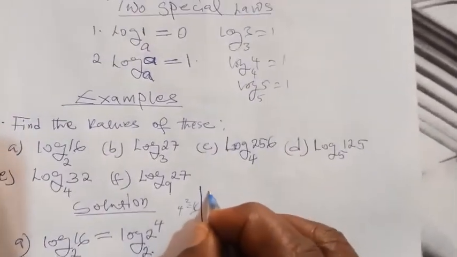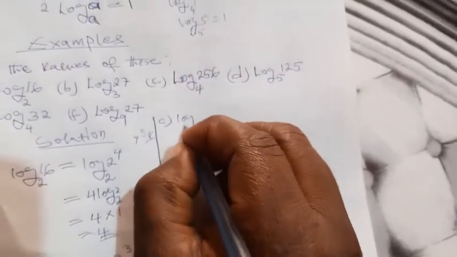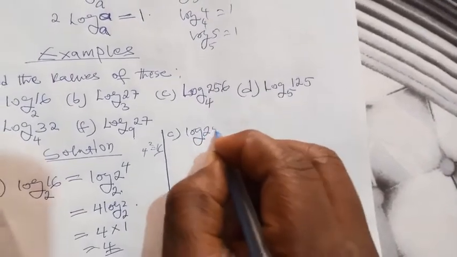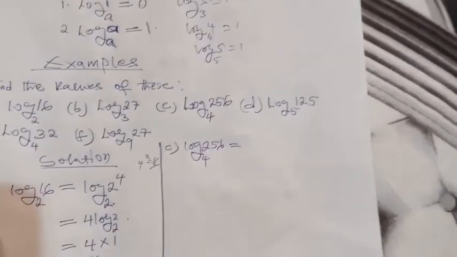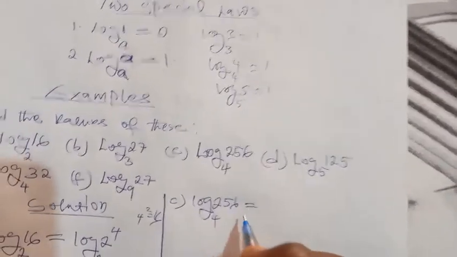Then C. In C, what do we have? We have log 256 base 4. What number will I raise 4 to give me 256? 4 is power, what is 256? So I can write 256 as an indexed number now.